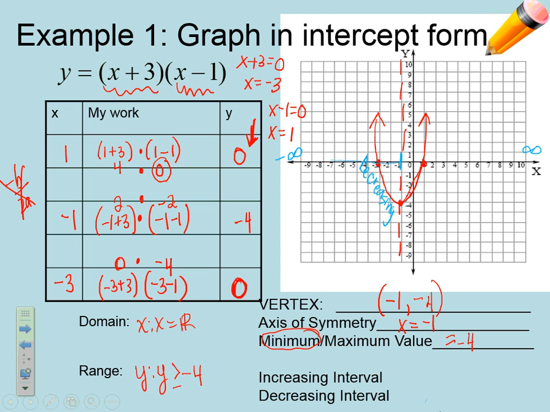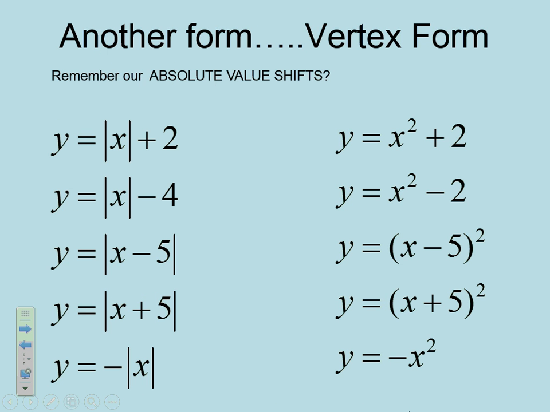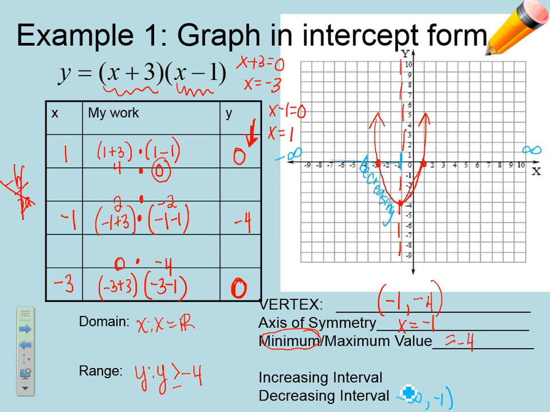So my decreasing interval is from negative infinity to negative 1. And my increasing interval is from negative 1, because this is increasing because I have to walk up it, from negative 1 to positive infinity. Okay? That's how you graph an intercept form.